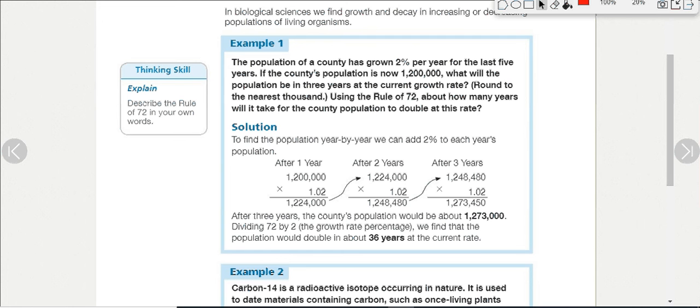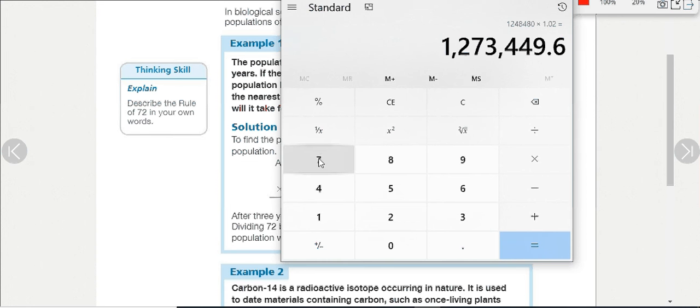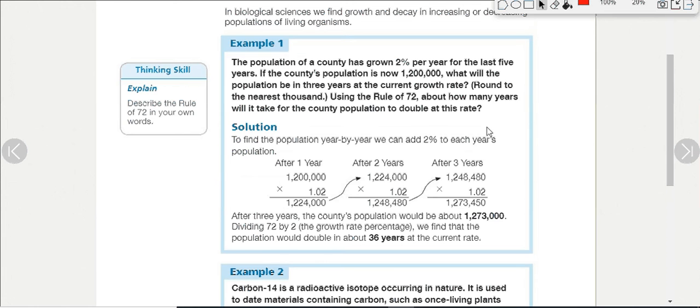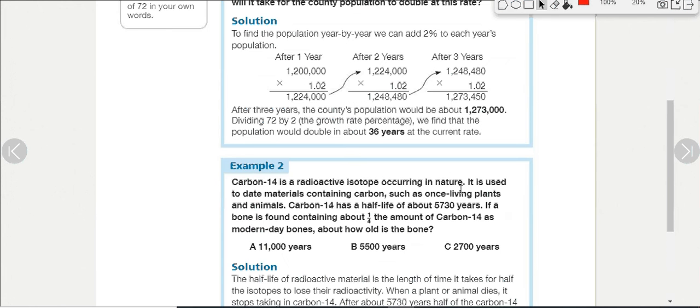When you do that, it will tell you how long it will take for it to double. So you take 72, which is just a magic number they found works. You divide it by the growth rate, which is 2. And the answer, 36, is how many years it takes for it to double. That's just the magic of that number.